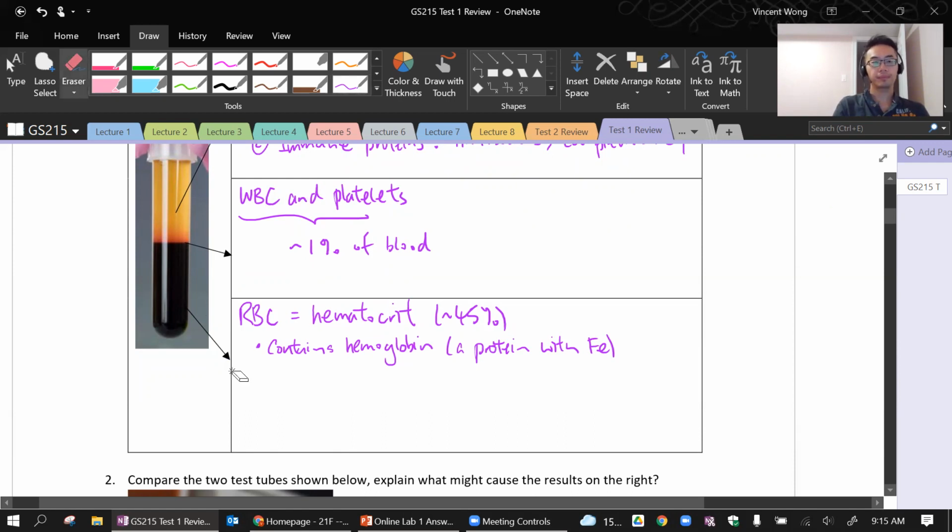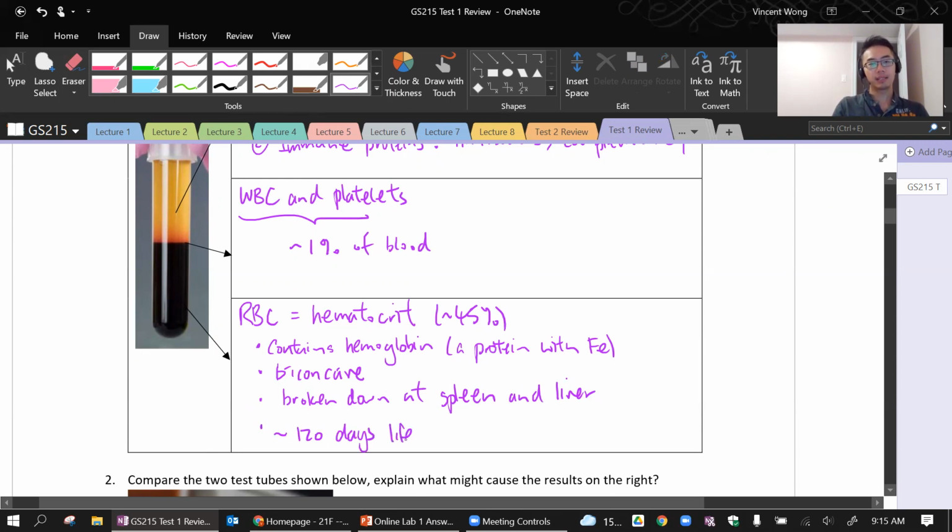They have a biconcave shape. The RBC is broken down at the spleen and liver, and has approximately a 120 day lifespan.